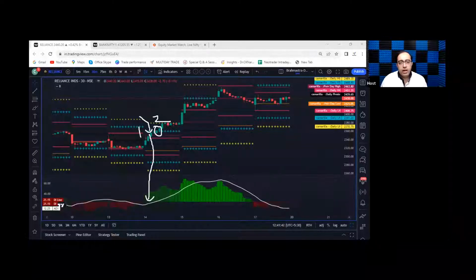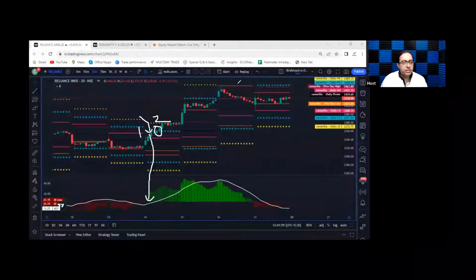How many of you got the Reliance buy here? And after that, from 2360 it went up to 2463. Not bad, right?